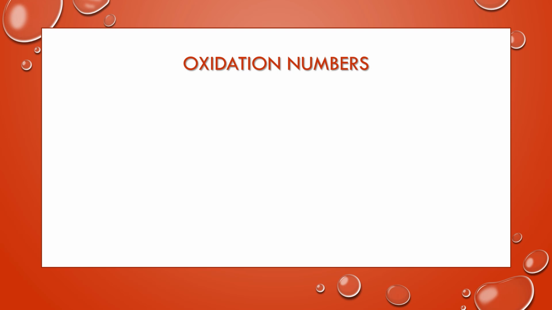We can also use oxidation numbers to help us track the ability to gain or lose electrons. Let's take a quick second to review some of those oxidation number rules. An element by itself in its standard state has an oxidation number of 0. A monatomic ion has the same oxidation number as the charge.